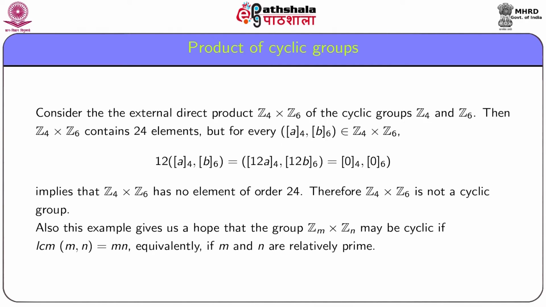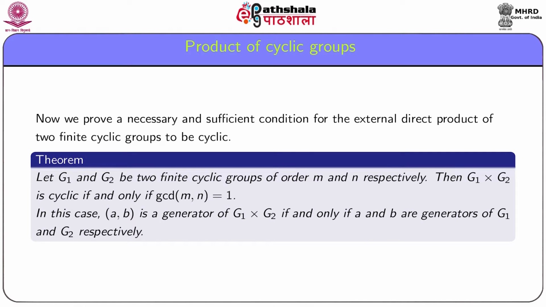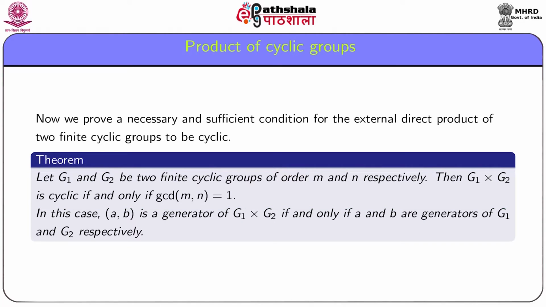Since we have the result that every cyclic group of order m is isomorphic to Zm, we have this result. Let G1 and G2 be two finite cyclic groups of order m and n respectively. Then their Cartesian product G1 cross G2 is cyclic if and only if m and n are relatively prime.